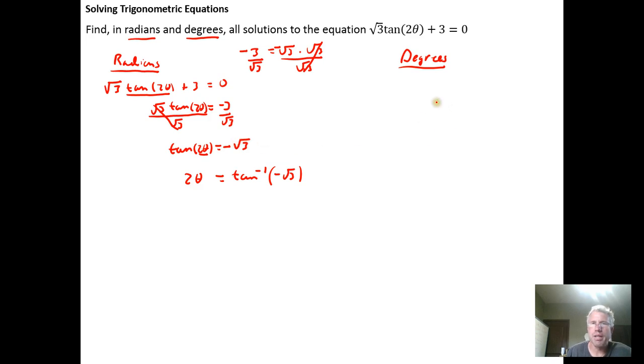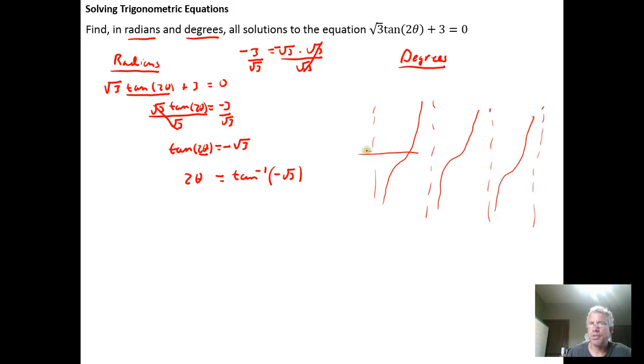And what we want to recognize is that on the tangent function, we've got these vertical asymptotes, and the tangent function repeats itself over and over again.